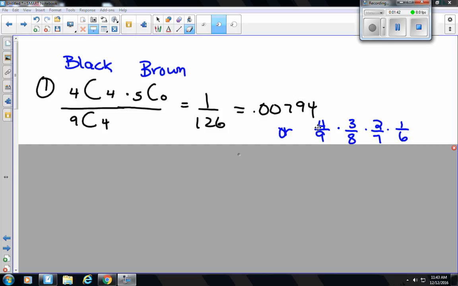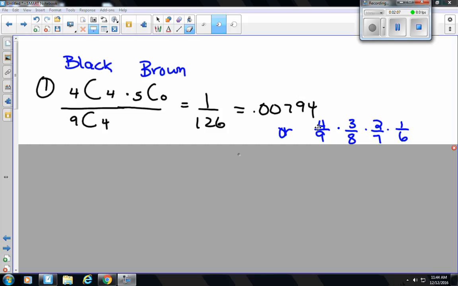And so if I start out with 4/9, 4 black buttons out of 9 total, and I take it out and I don't replace it, that leaves me with 3 out of 8, then 2 out of 7, then 1 out of 6. And that will get you the same answer. So 2 different options for doing that problem. Keep in mind, your focus has got to be favorable out of total.